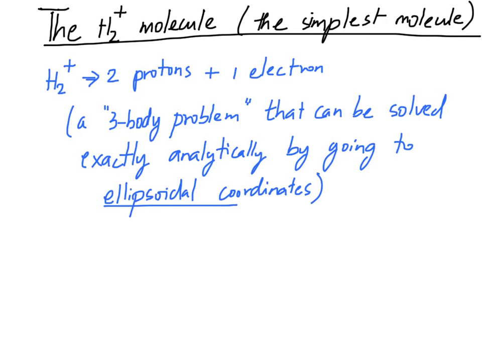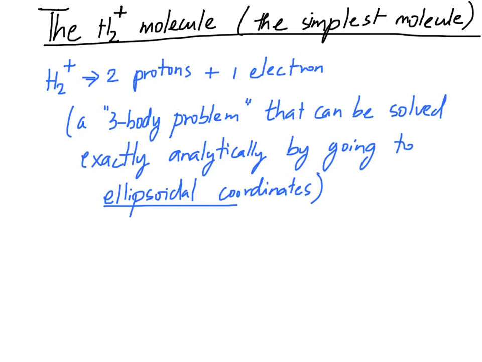Now, this may seem like a contradiction to what I said a little while ago, that three-body problems in physics within this context are not soluble analytically, and here I am saying that the H2 plus problem, which involves 2 protons and 1 electron, a total of 3 bodies, can actually be solved analytically.